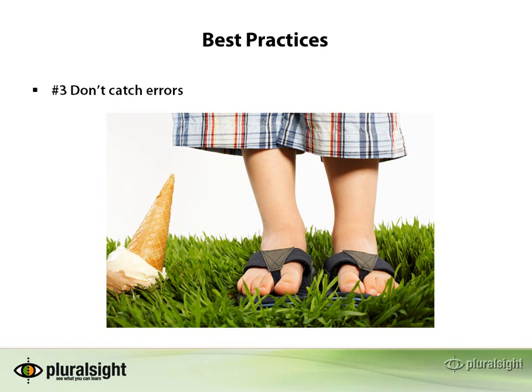So in general, you shouldn't be trying to catch errors. It's really unexpected that someone would put a catch block in that catches errors, and if you do that, you could end up with code that is really confusing to someone because they're thinking, well, where did this error go? I didn't expect anyone to actually catch this.